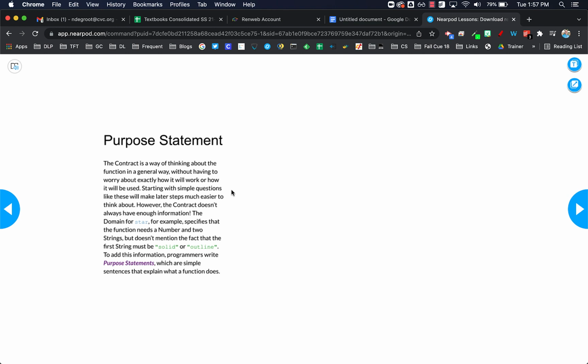So if we thought about our previous function that takes in the number of seconds and produces the height, we would want to be specific as to how this would do that. So our rocket height function is supposed to take in the number of seconds, and what does it do with that? Well, it's going to multiply it by 7. And then it's going to give us the height. So we want to be specific with that.